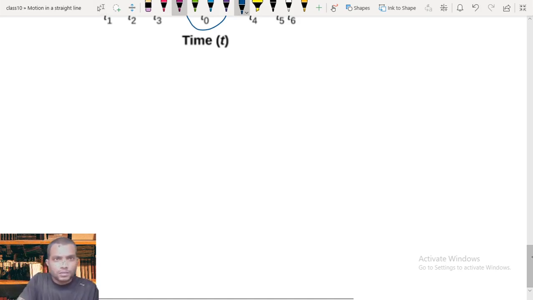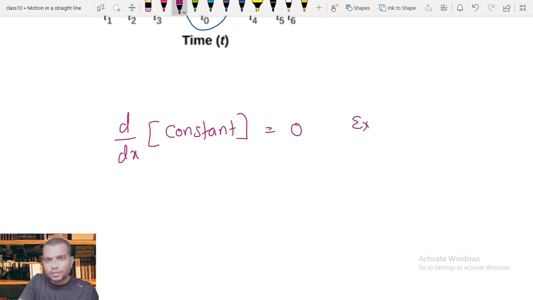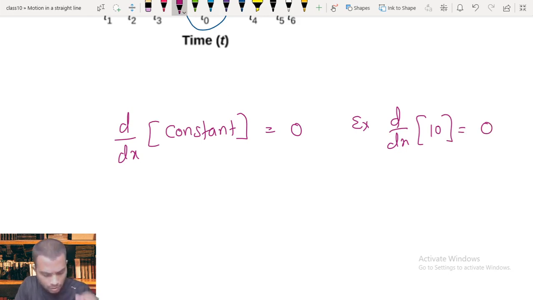First, we can represent differentiation as d by dx. The d by dx of a constant, which might be any number, equals 0. For example, d by dx of the number 10, which is a constant, cannot be 2, because it's a constant, it's a number.